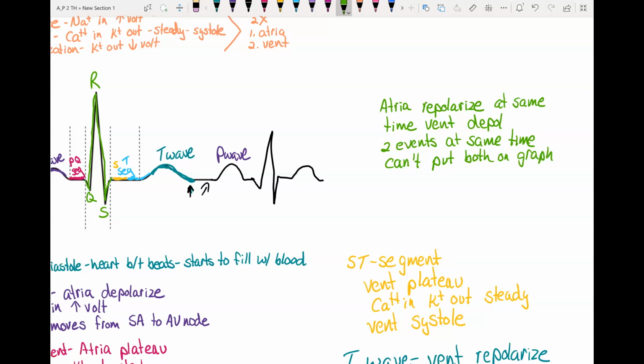So we see the QRS that represents the ventricles depolarizing. The atria are repolarizing during this time, but you can't look at two things at the same time. So we look at the ventricles depolarizing.